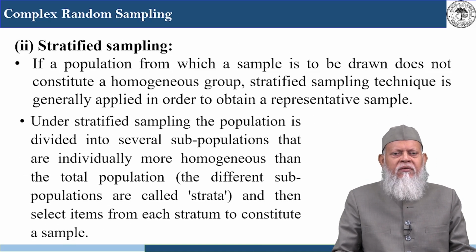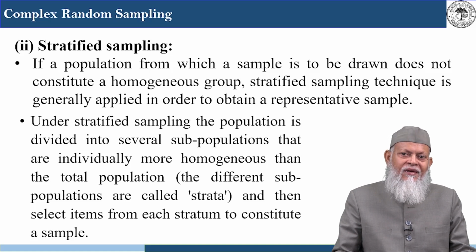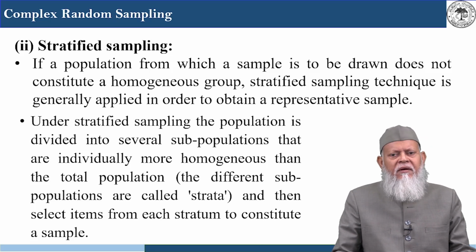We distribute the whole population into subpopulations based on their heterogeneity. So, what happens? The more we make these subgroups, subpopulations, the more these strata become homogeneous among themselves.